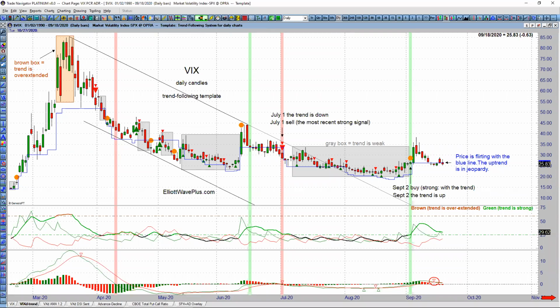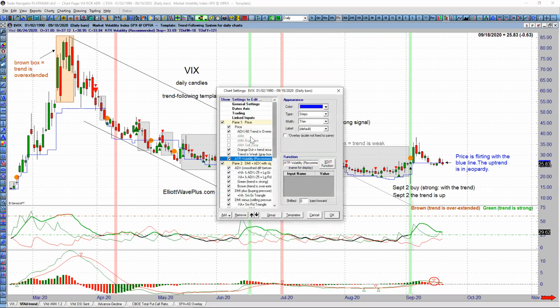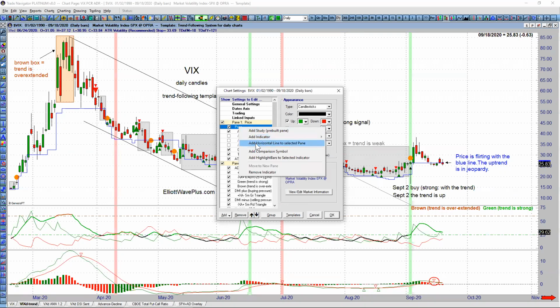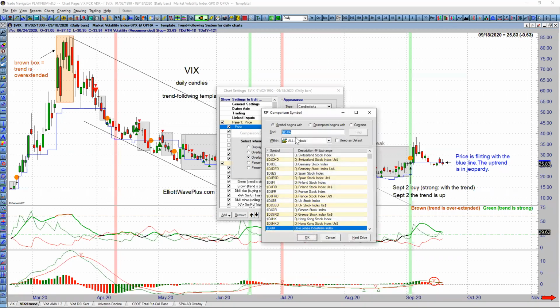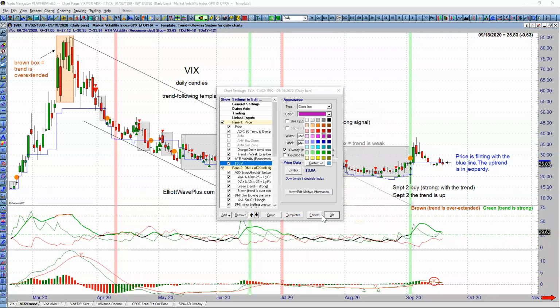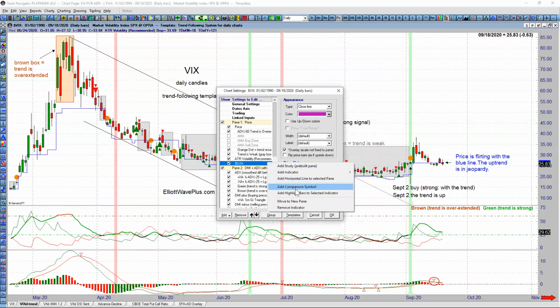Interesting to see the Dow Jones Industrial Average inverted on a VIX chart. I don't know if I can actually do that. I can, but I might have to look up a couple things, but I'll try. Now the question is how to invert it. And I can't remember how you do that.